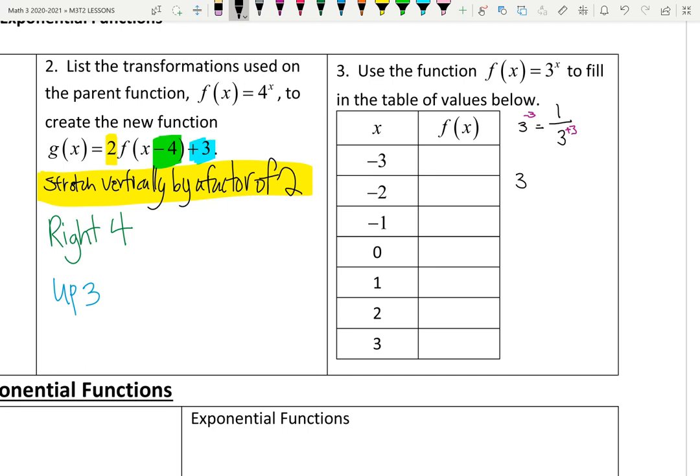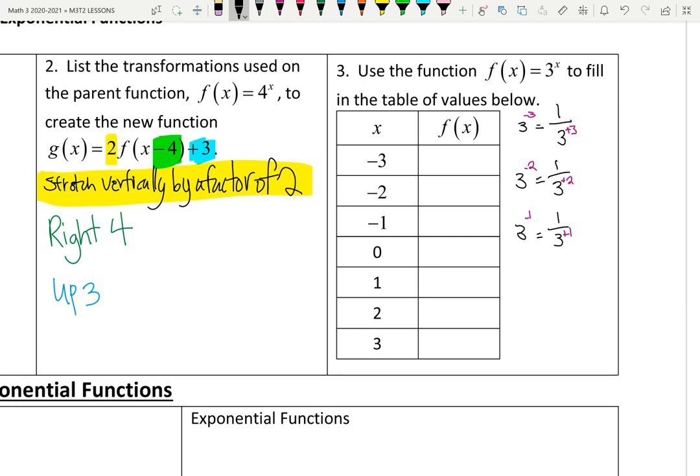3 to the negative second is equal to 1 over 3 to the positive 2. 3 to the negative first is equal to 1 over 3 to the positive 1.